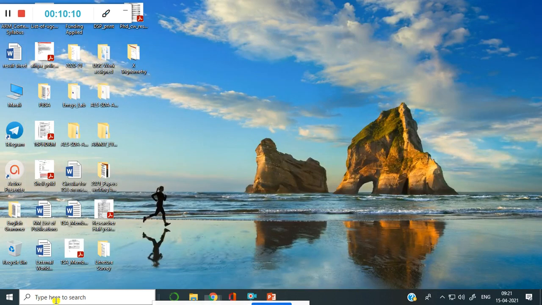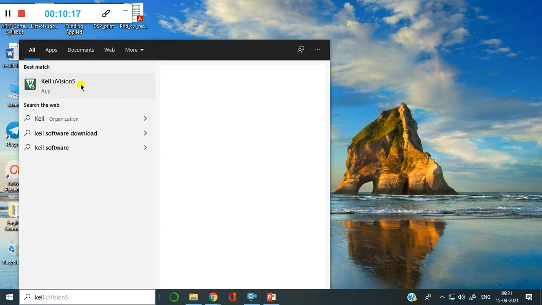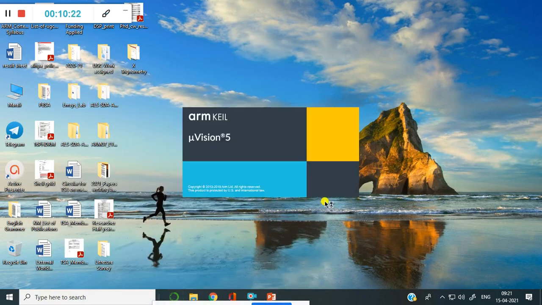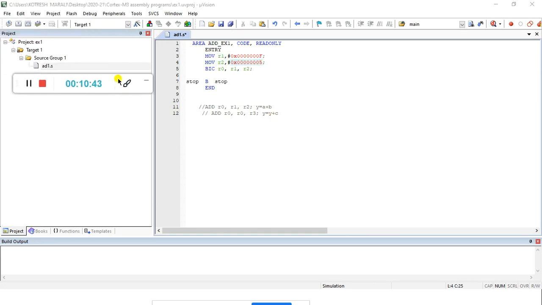I'll try to take up the same example in Keil MicroVision. So now the same example, I have taken it on Keil. R1 consists of F and R2 consists of 5.